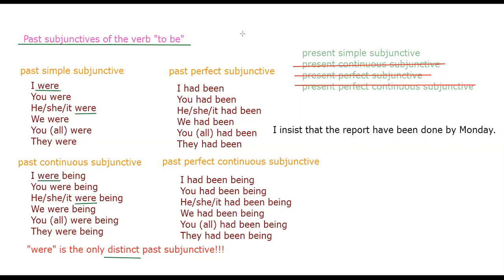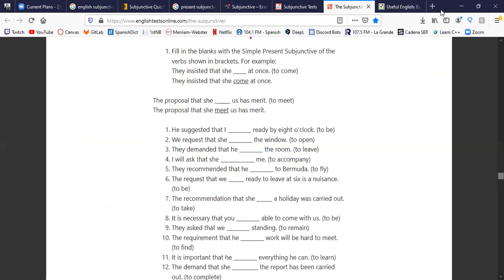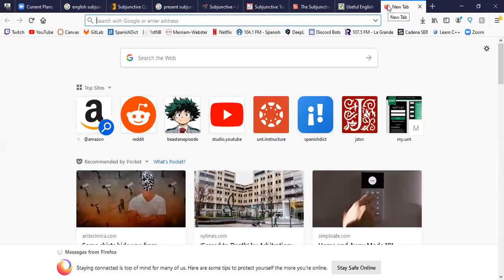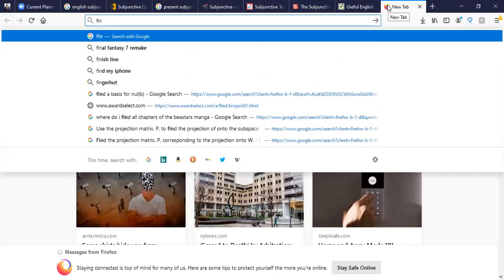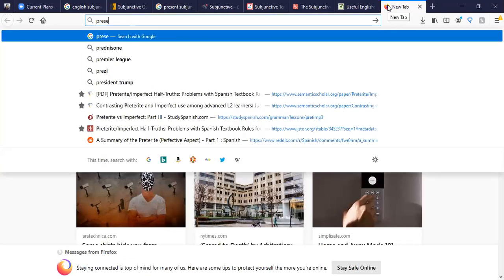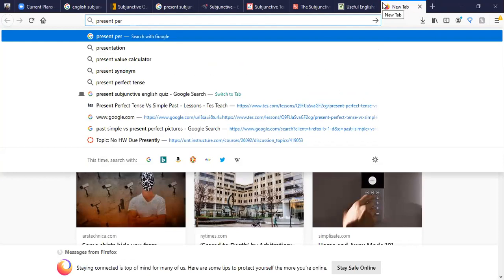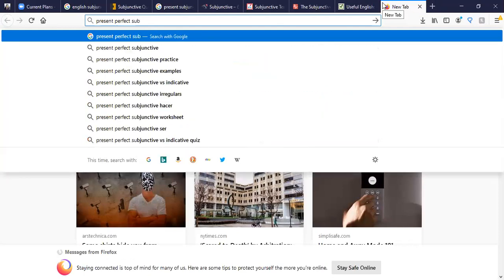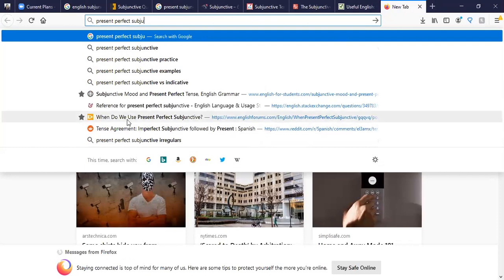Let me see if I can find an example, actually. Let me stop sharing for a moment. Just to show you guys that people actually did speak like that back then. I'm trying to find it.